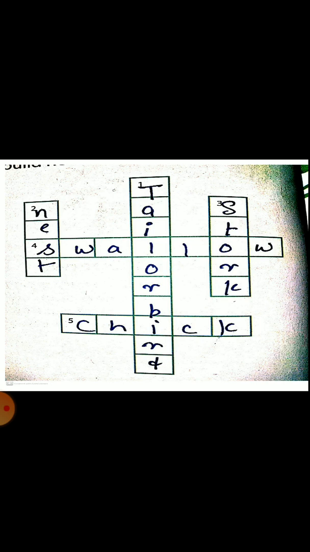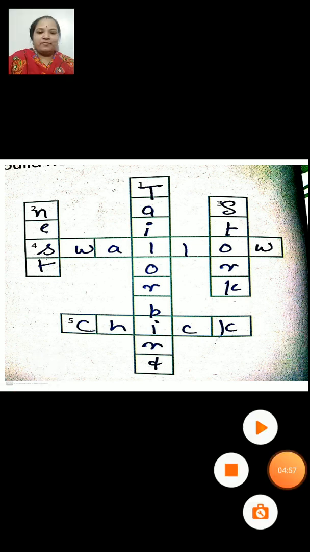The answer is stork. Fourth across, it builds a mud nest. The answer is swallow. Fifth across, a newly hatched baby bird. Yes, the answer is chick. A newly hatched baby bird is called a chick.